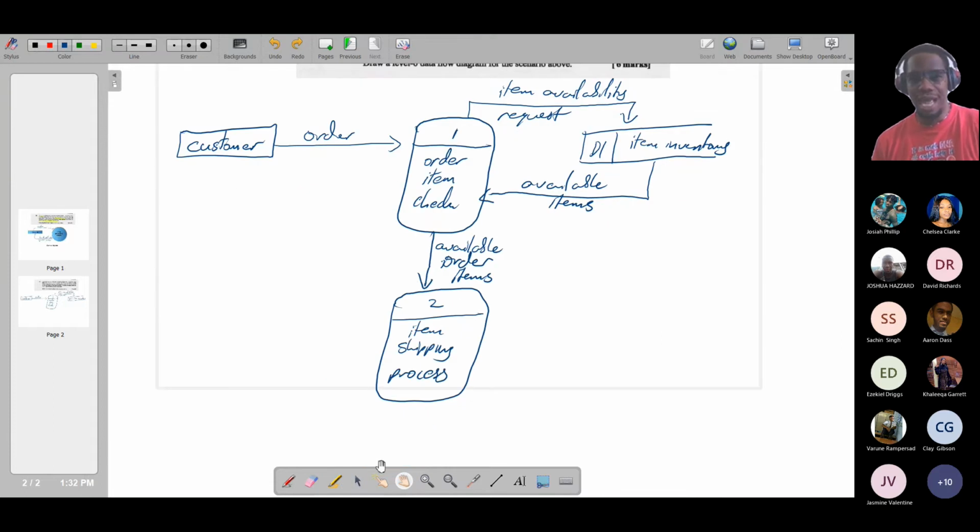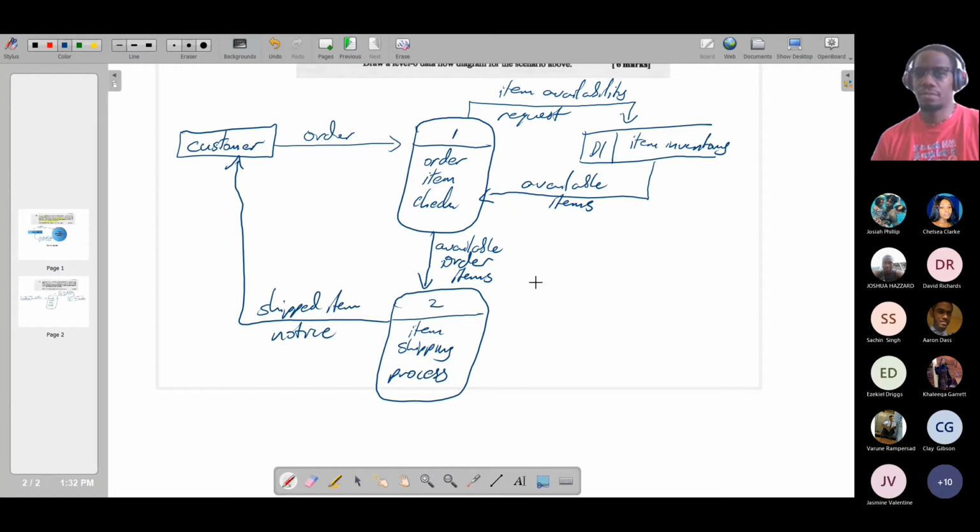So we can say that this item shipping process will generate a shipped item notice, right?